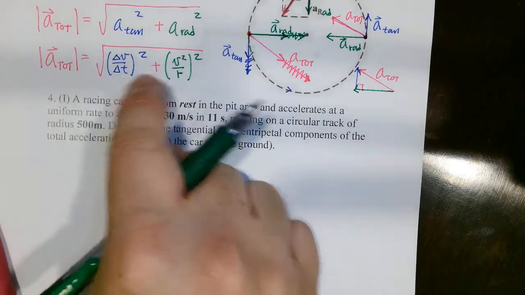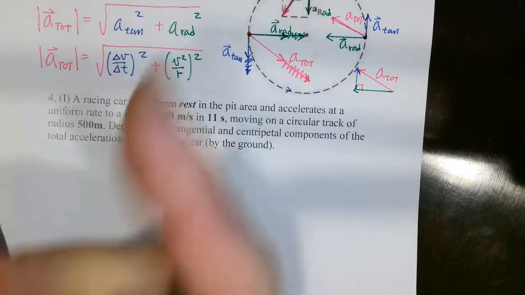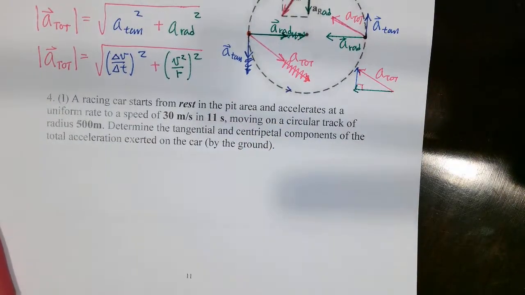So find these separately and then use the Pythagorean theorem to figure out the A total.